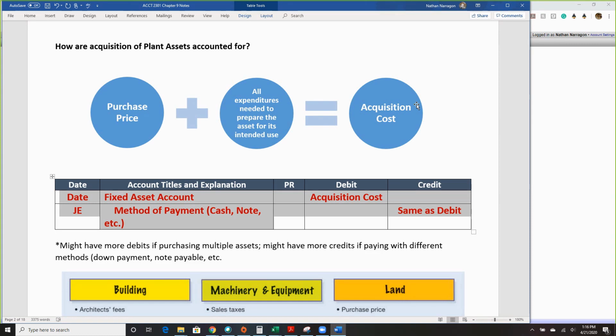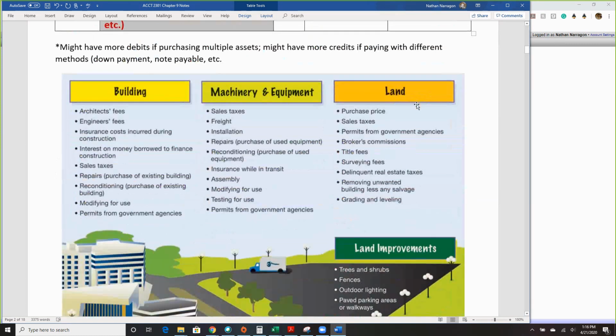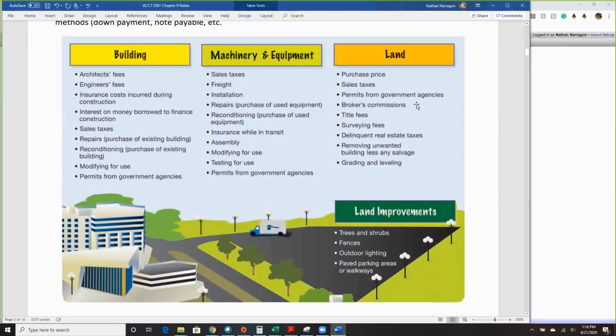For a nice list of things that can be included into the acquisition cost. Again, this is only a partial list, and it only tackles the main 4 items.